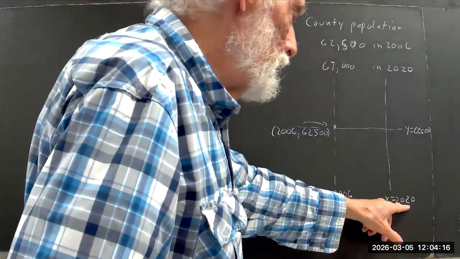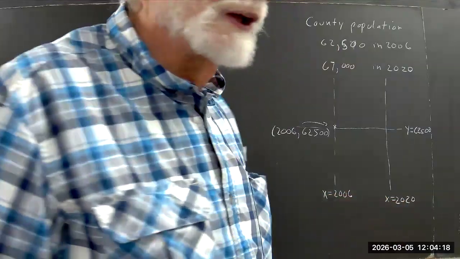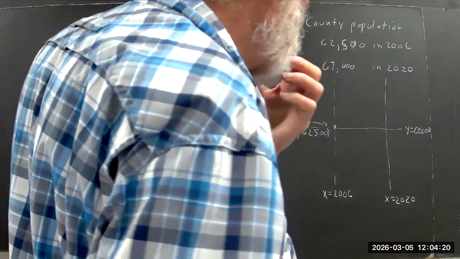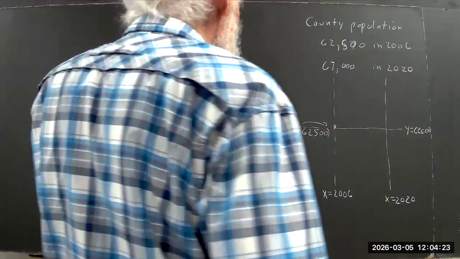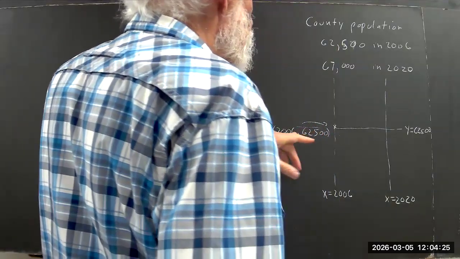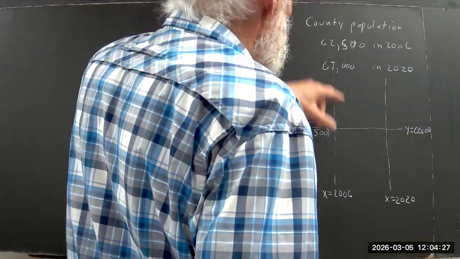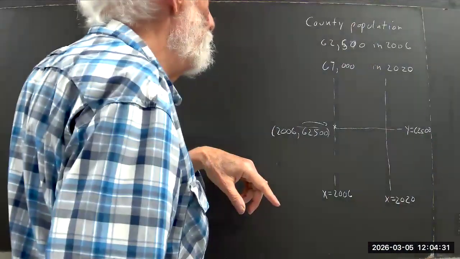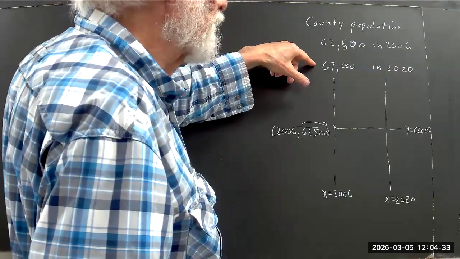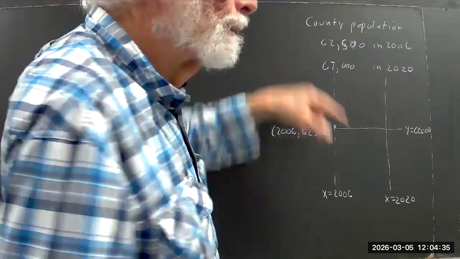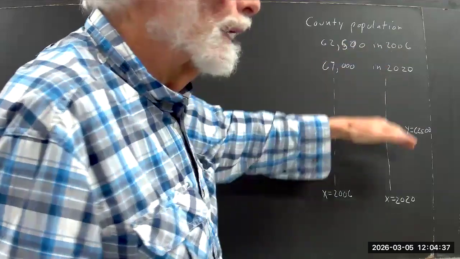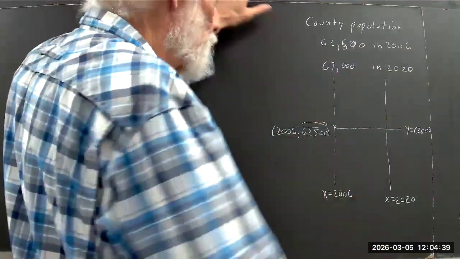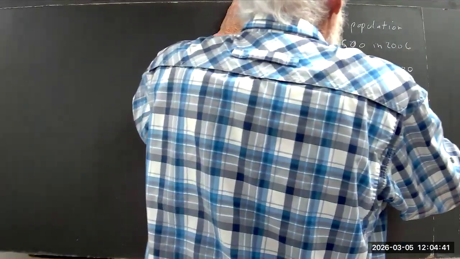Because 2020 is bigger than 2006. If the line y equals 62,500 is here, where would be the line 67,000? Well, it would be above that because 67,000 is bigger than 62,500.